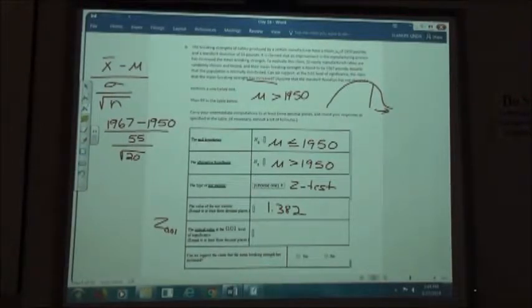So on the Alex calculator, if you do z of 0.01, what do you come up with? Practice punching these in. What do you get when you do z sub 0.01?